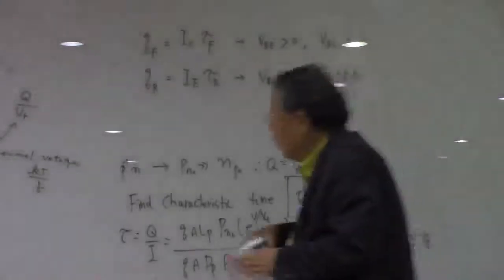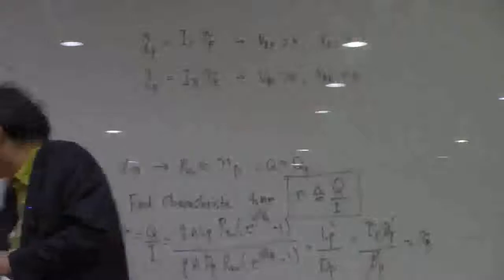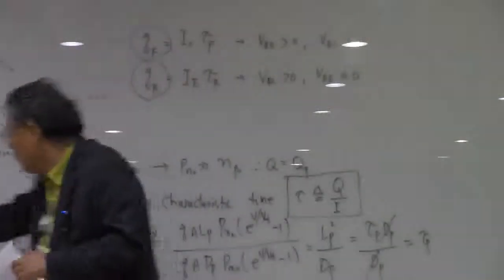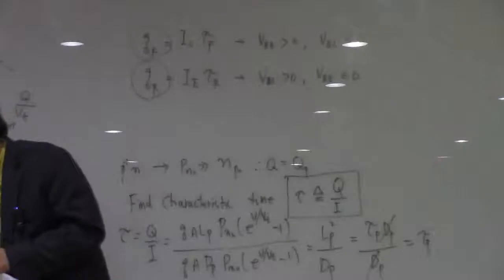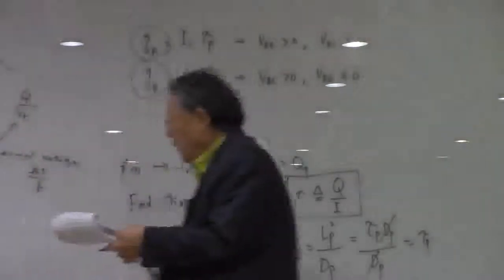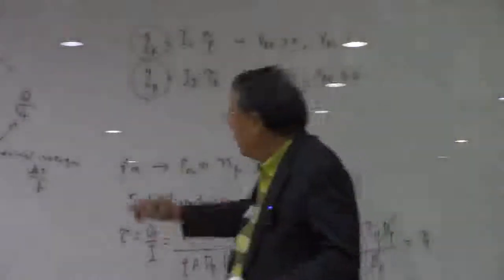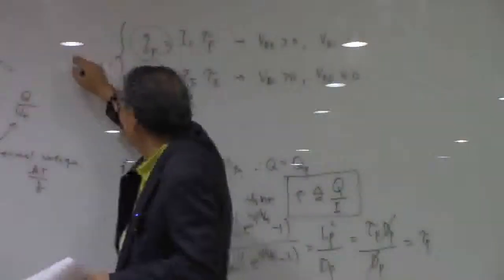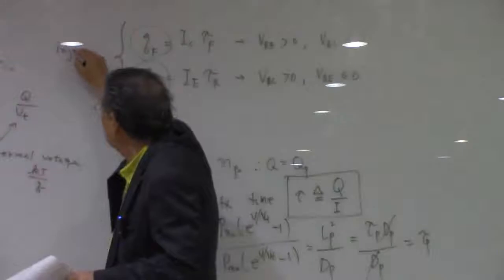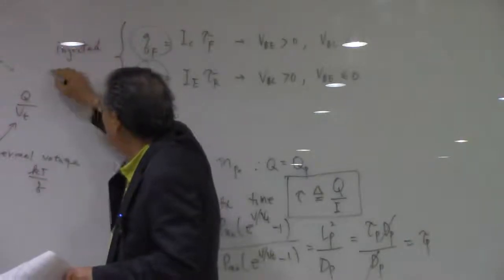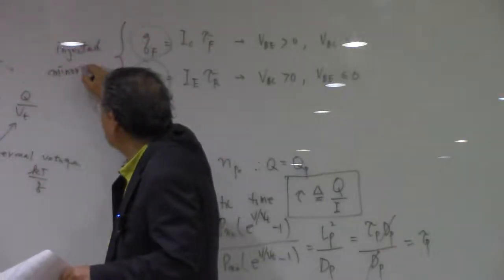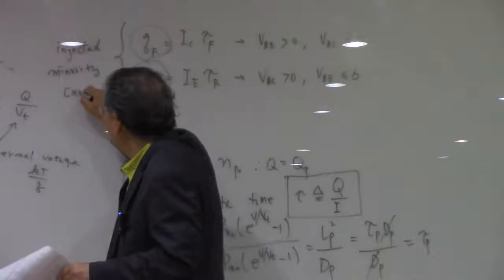So we newly define these charges, not just QF and QR, but QVE and QVC, which are related to the space charges. These are the charges related to the injected minority carriers. Okay?